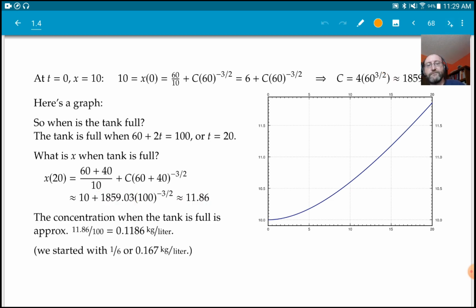And the concentration, you just divide by 100, which is the volume when the tank is full. You get approximately 0.1186 kilograms per liter, and you can note that we started with 0.167 kilograms per liter.